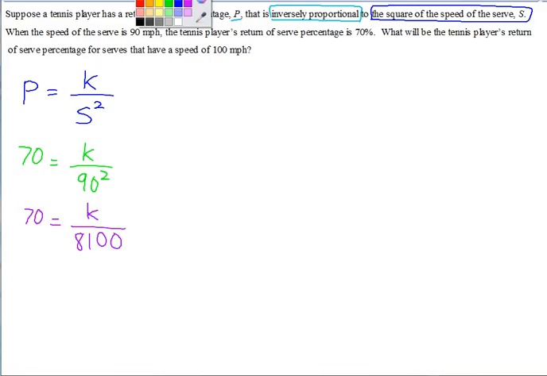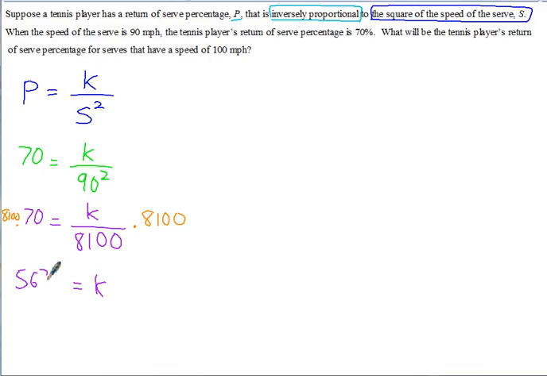And then to solve for k, just multiply both sides by 8100. So we get k, the proportionality constant, is, well, let's see, 81 times 7, 80 times 7 is 560. 1 times 7 is 7.